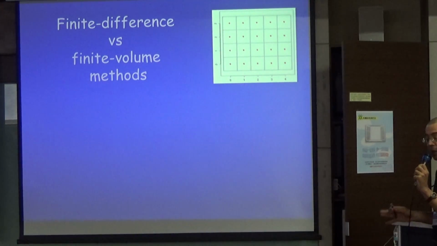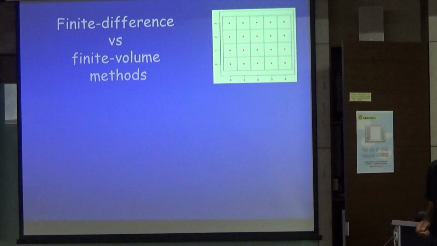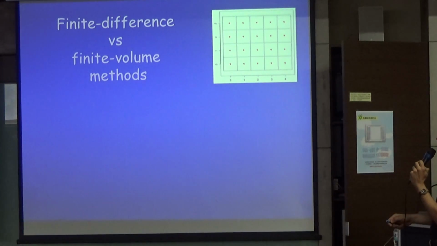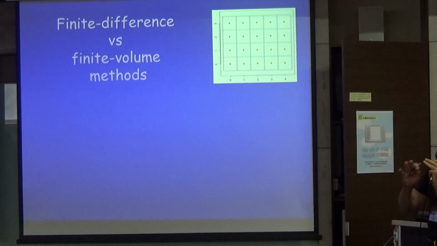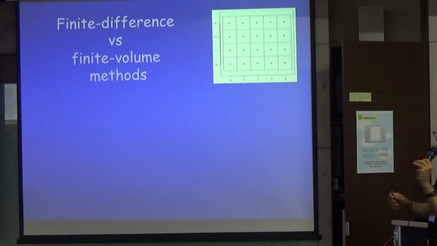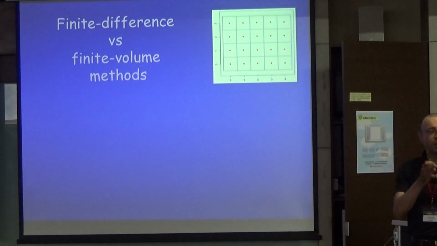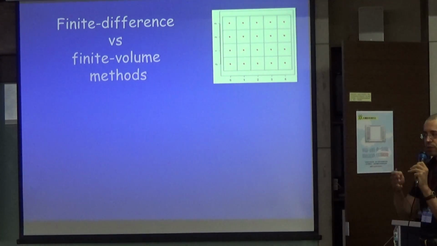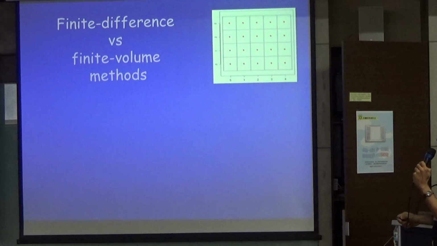I don't know if you're familiar with solving partial differential equations numerically, but let me introduce that briefly. When you have a continuous function which represents your hydrodynamics, with density, pressure, velocity, to the computer you can specify only some points, the grid points, so it becomes a discrete function. And there are two ways of doing that, at least.